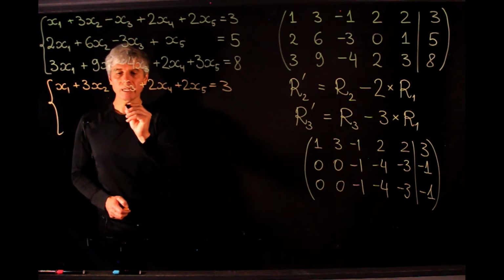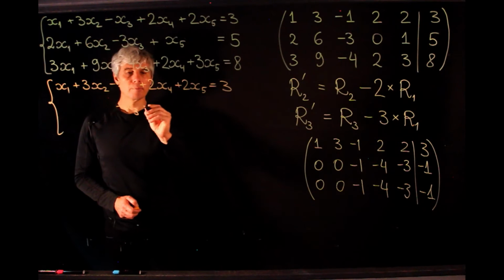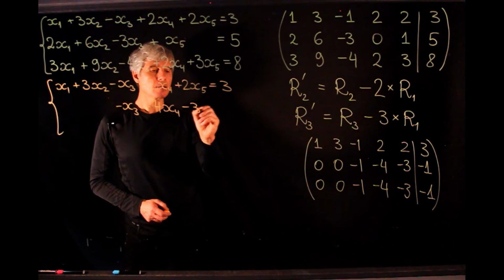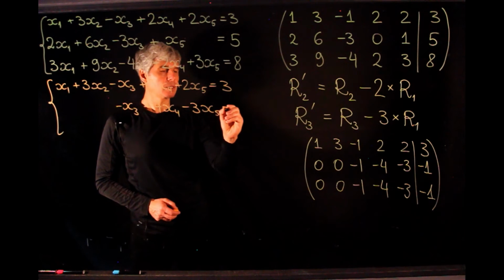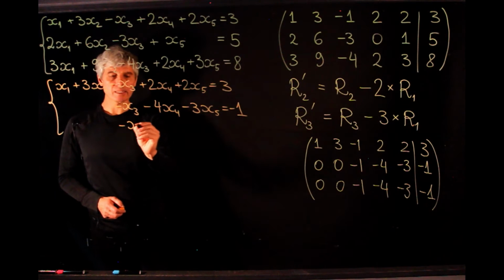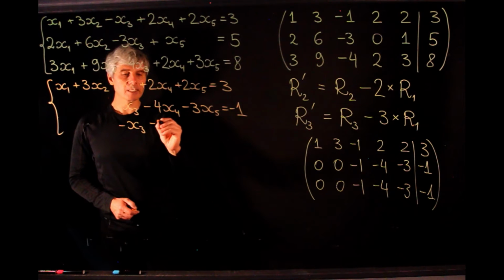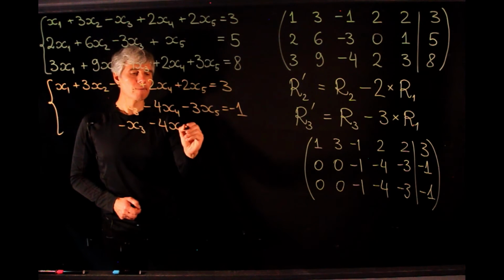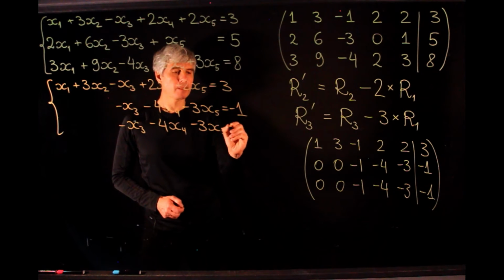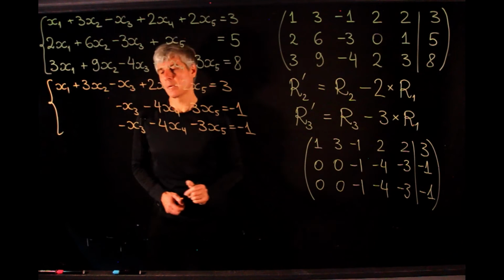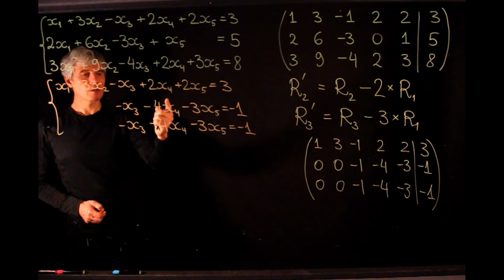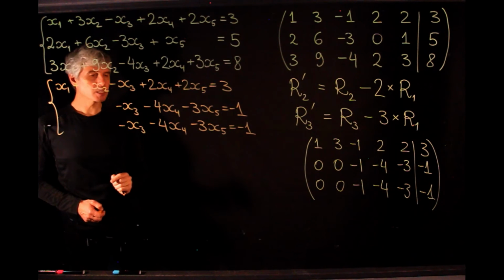So here we have negative x3 minus 4x4 minus 3x5 is equal to negative 1. And minus x3 minus 4x4 minus 3x5 is equal to negative 1. So we see here that equations 2 and 3 are now the same.